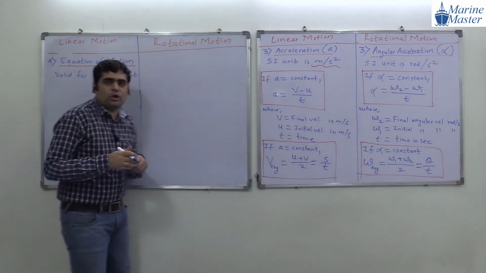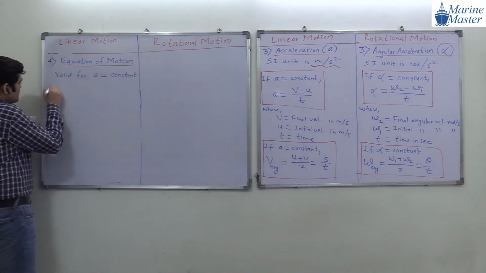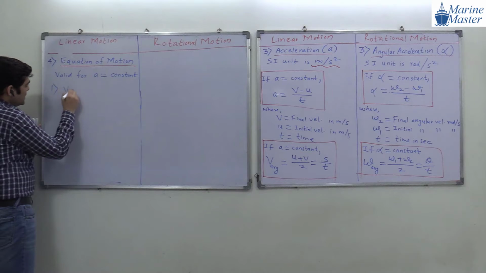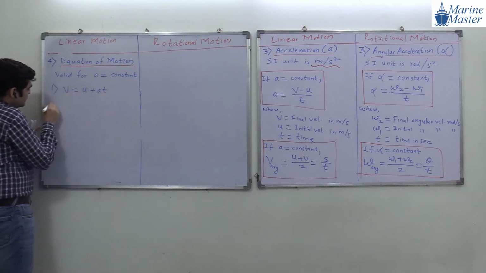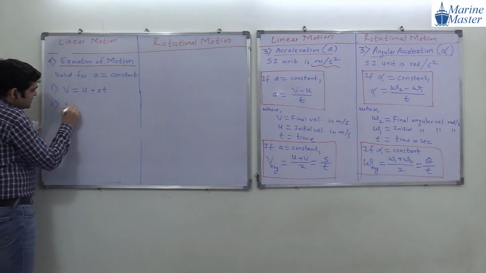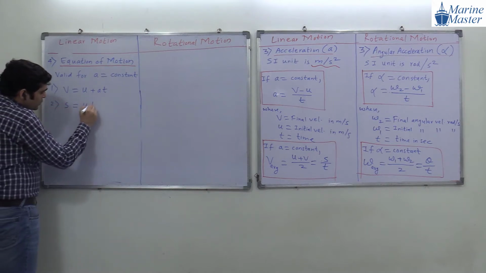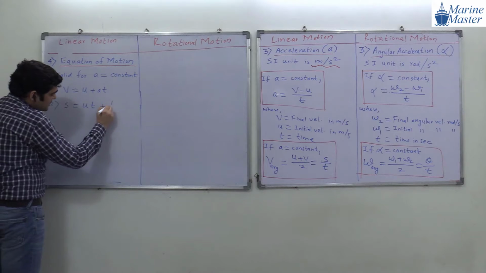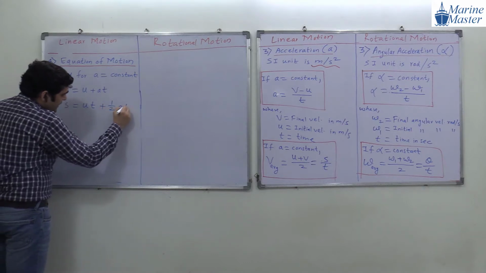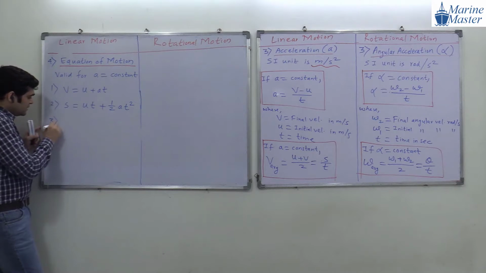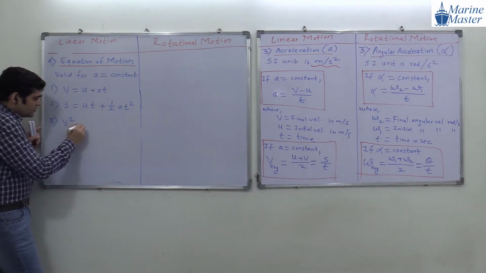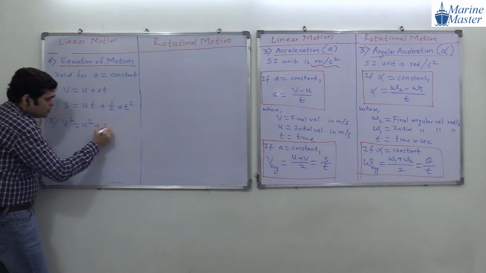What is the first equation of motion? V is equal to U plus AT. Second, S is equal to UT plus half AT square. And the third one, V square is equal to U square plus 2AS.